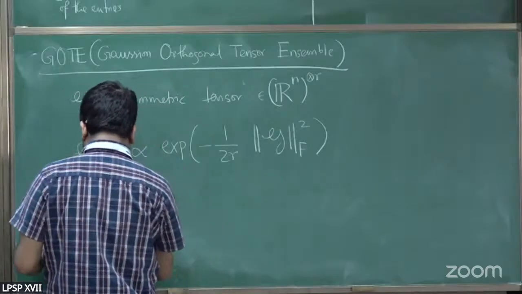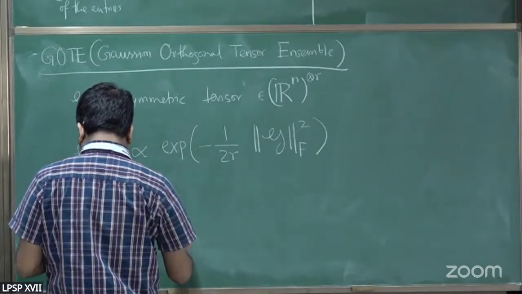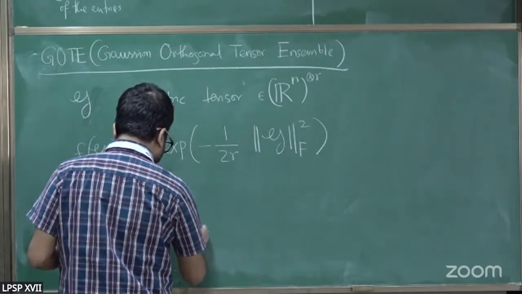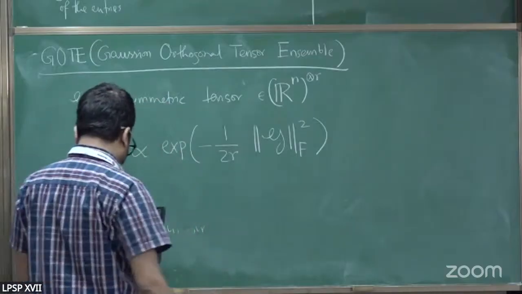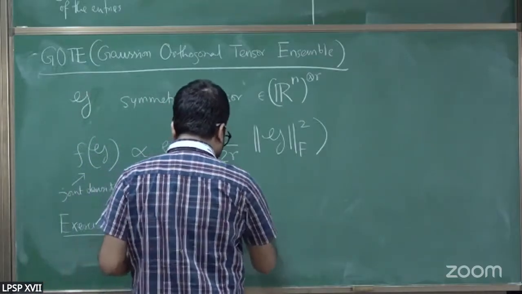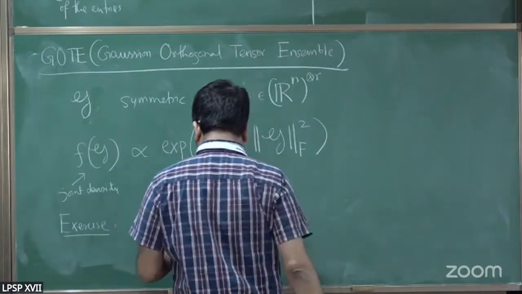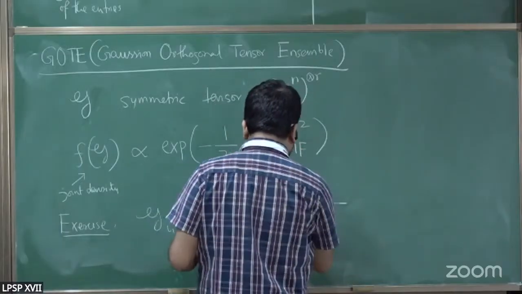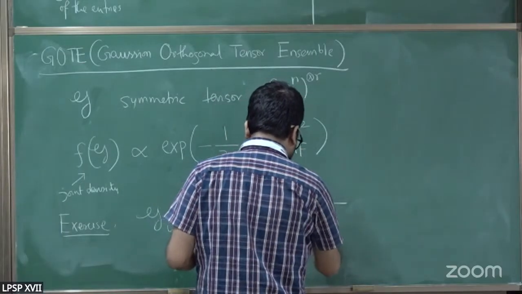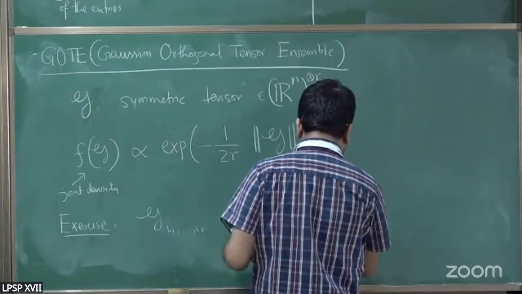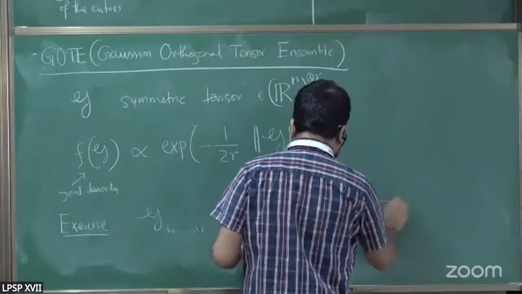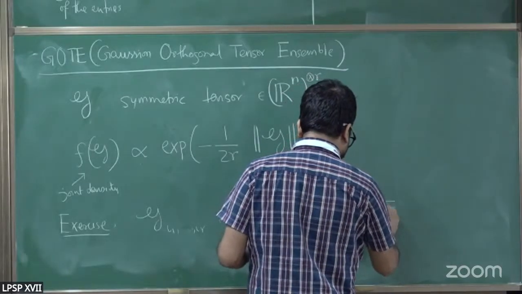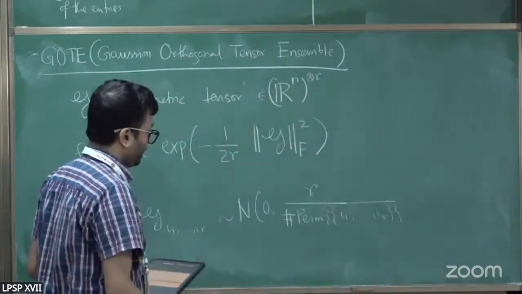So, exercise: G_{i1 to iR} follow normal zero, and the variance is R over the number of permutations of this multiset i1 to iR. Okay.